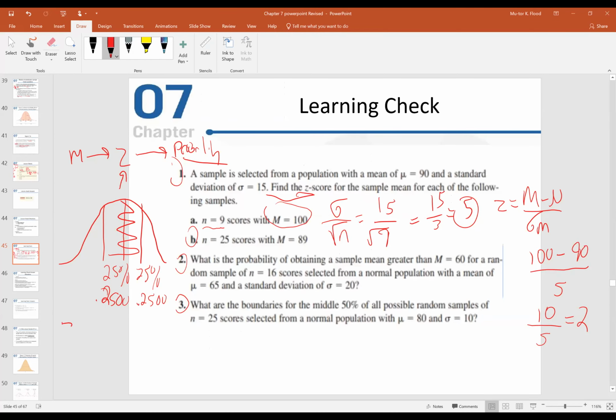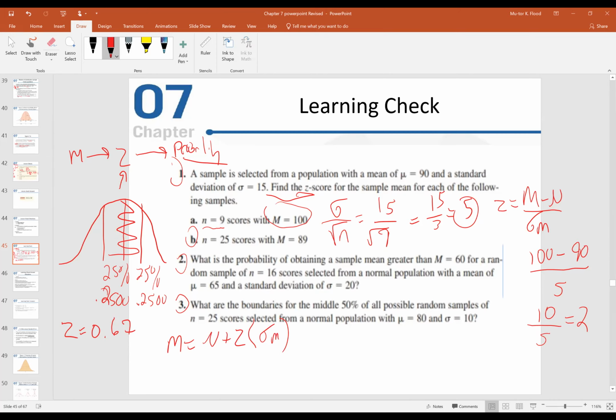So our z-score equals 0.67, all right? Then we are going to plug the z-score into our sample mean equation. The mean equals the population mean plus the z-score times the standard error of the mean. We don't have our standard error of the mean yet, so let's calculate that.